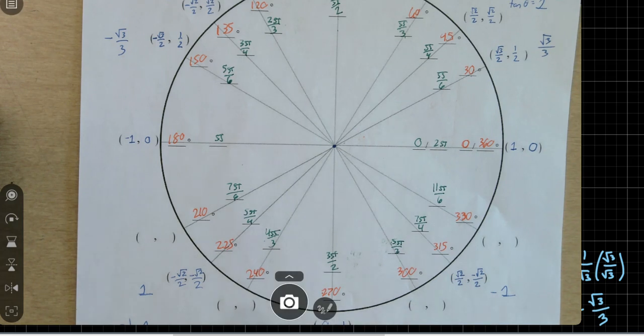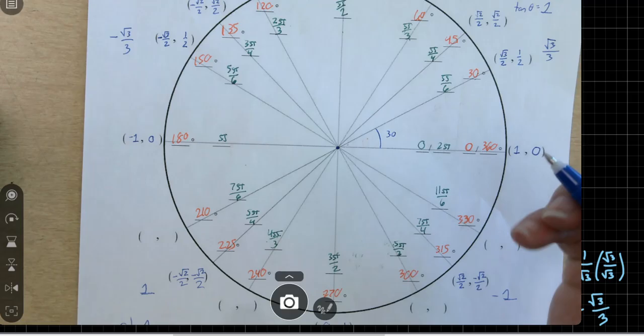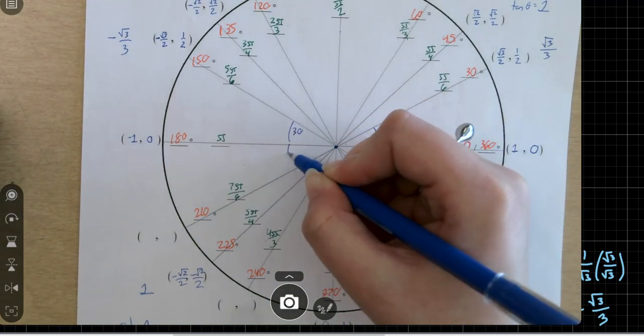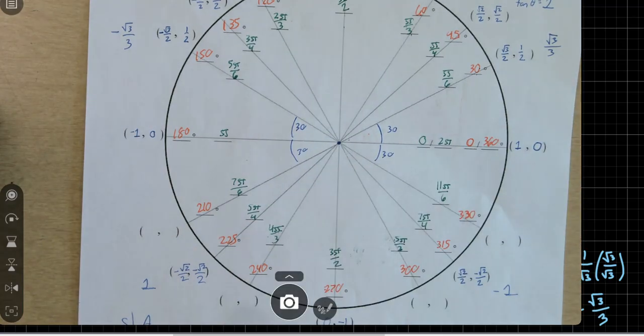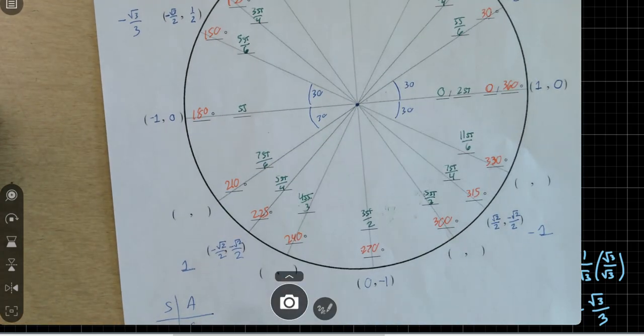Benj, what's my next degree I have to go to? Where else do you see a reference angle? So this is 30. So we're kind of doing bow ties and butterflies. This one was 30. So this one has to be 30. And this one has to be 30. So wherever it touches those lines. So where's my next degree? 210. Yep. Okay. What is positive and what is negative here?